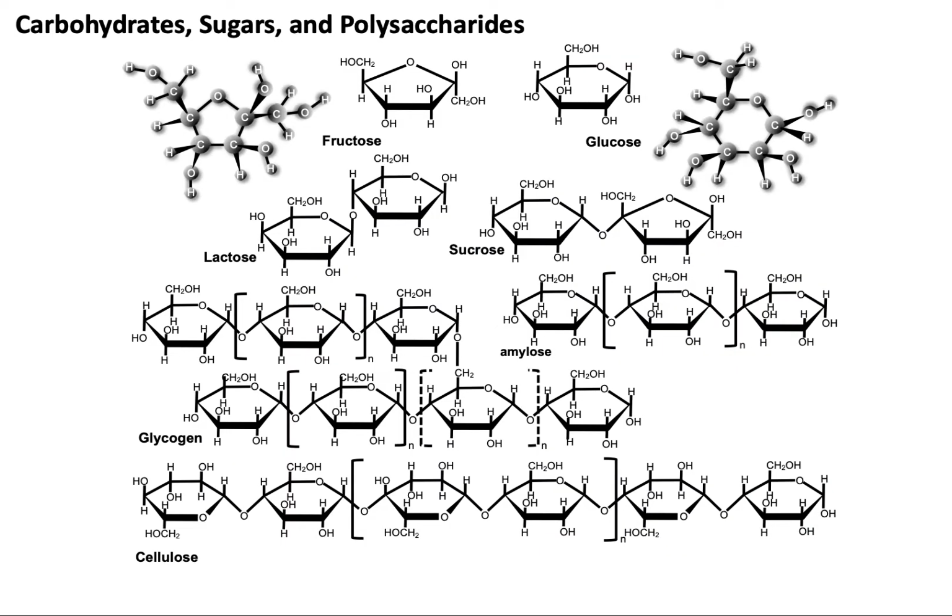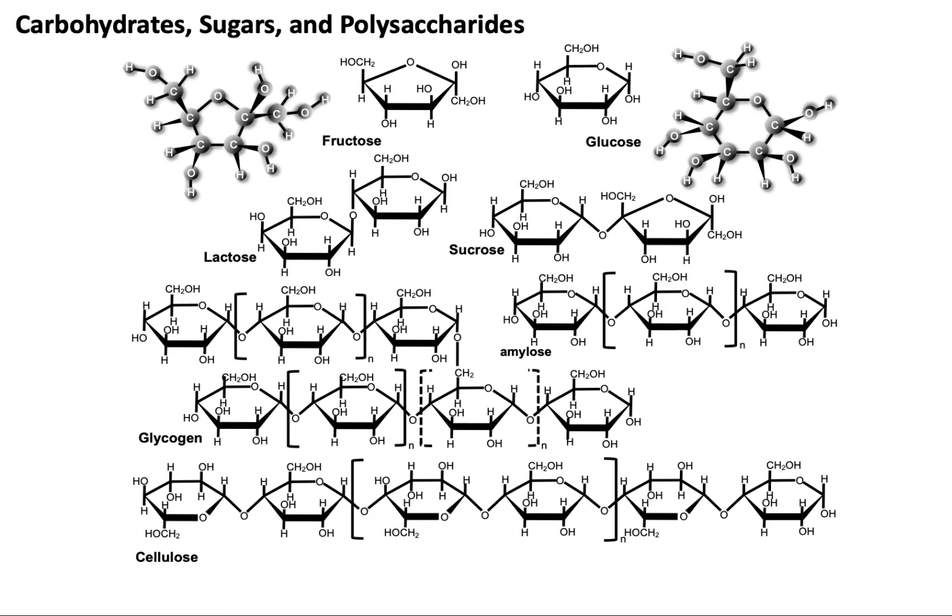The last set of molecules I want to talk about are carbohydrates, sugars, and polysaccharides. Some of them form spontaneously, and so these were probably available very early on Earth as well.